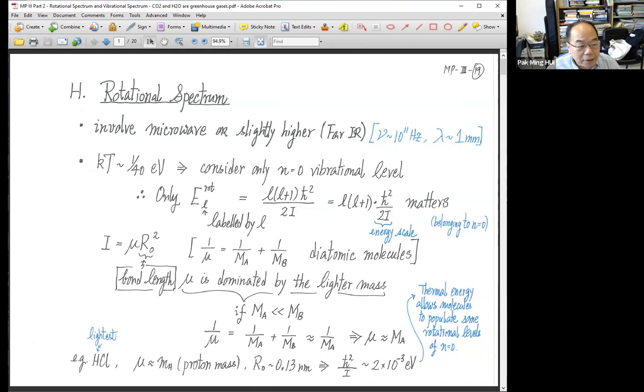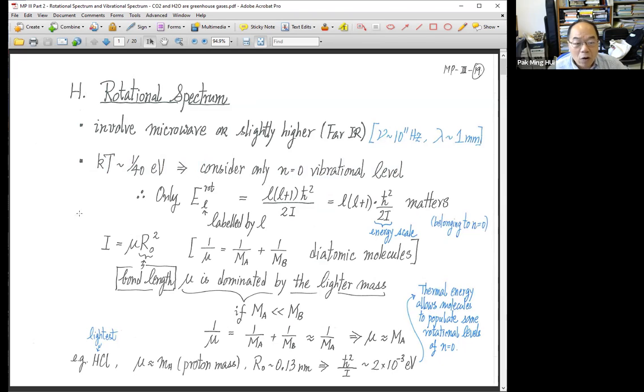The first thing we will discuss is the rotational spectrum. It means the following: only transitions between rotational states belonging to the ground vibrational state are involved. That is usually the case if you shine in microwave frequency EM waves. I already explained that at room temperature, a gas of molecules can usually only occupy the vibrational ground state.